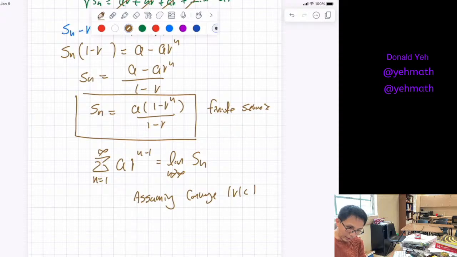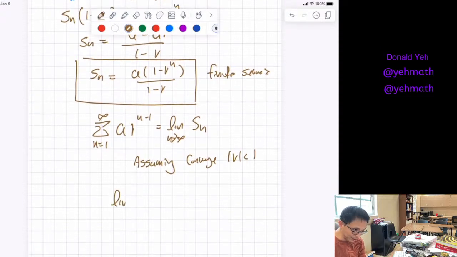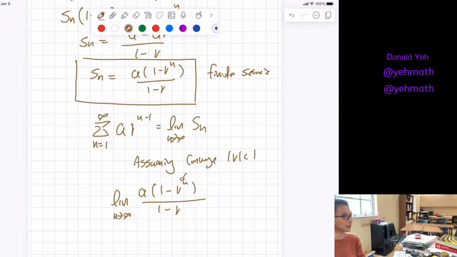Now what happens if you have the limit as n approaches infinity of a times 1 minus r to the n, over 1 minus r? What happens as n reaches infinity? Imagine that r is 1/2. If I have an infinite number of terms, what will happen to this term?